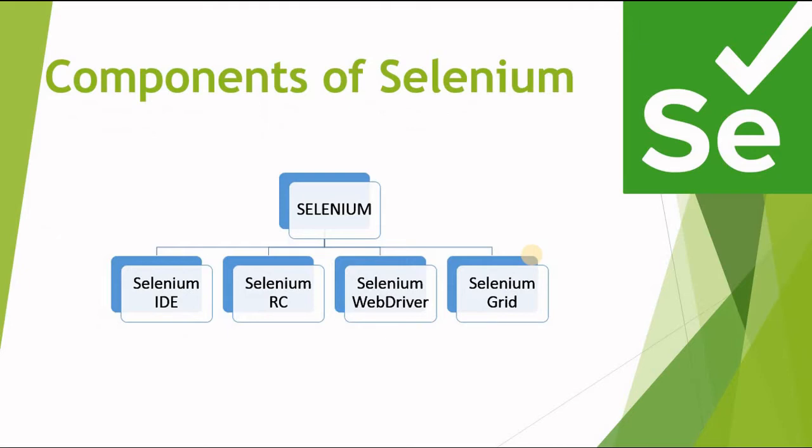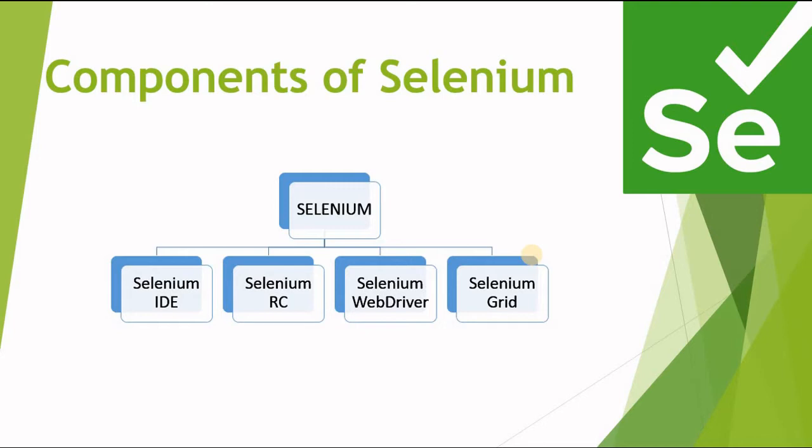So now what are the components of Selenium? Basically Selenium has four major components. The very first and initial component was Selenium IDE, the second one is Selenium RC, the third one is Selenium WebDriver, and the fourth one is Selenium Grid. Selenium IDE has the feature of record and playback.